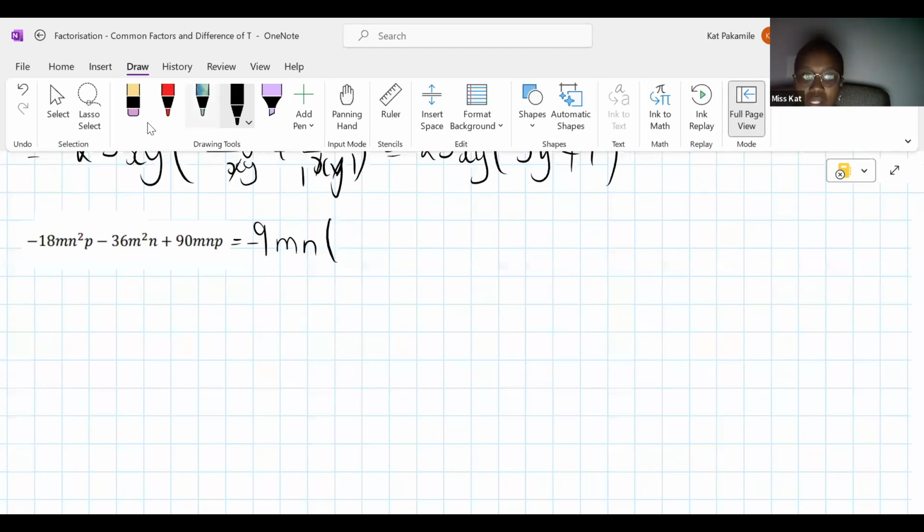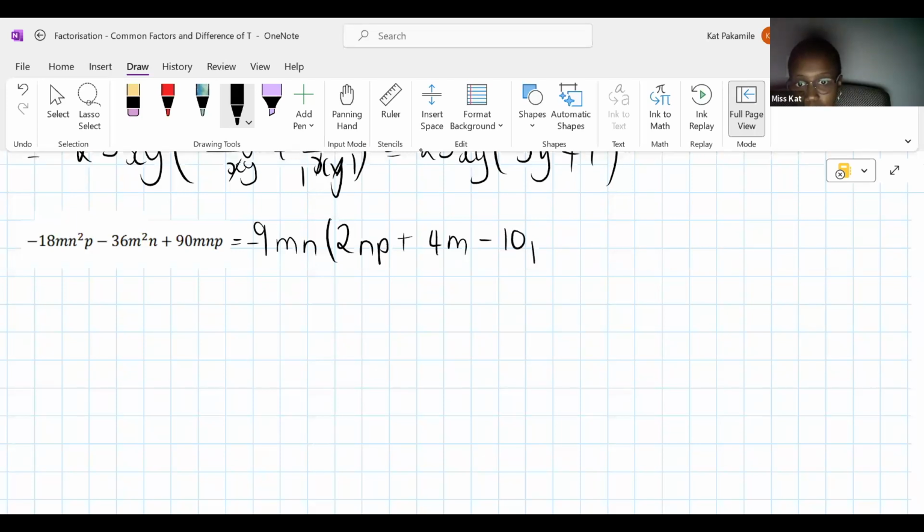Okay, but listen, if you take out the negative, what's left has to be positive 2NP, okay? And then you're going to say plus 4M. And minus 10P.